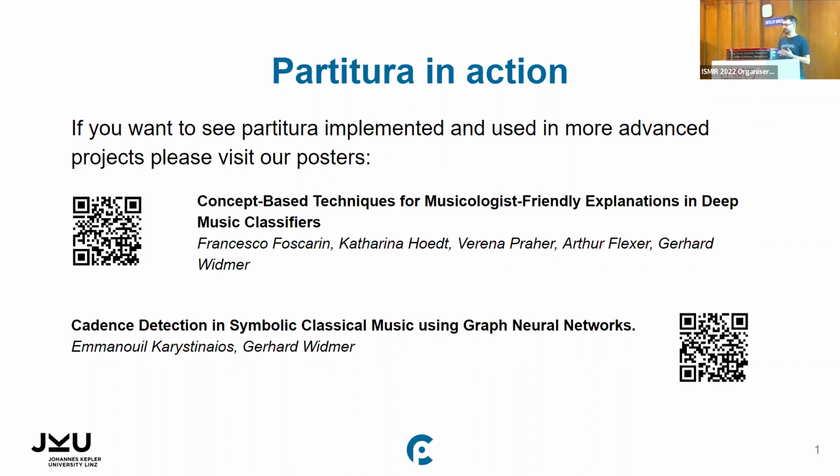One is about concept-based techniques for musicology, learning explanations in deep music learning classifiers. The second one is about cadence detection in symbolic classical music using graph neural networks. I will leave this up if you want to scan the QR codes to get the PDFs of the papers, or you may find us later in the poster sessions. I think both of them are presented on the 7th.